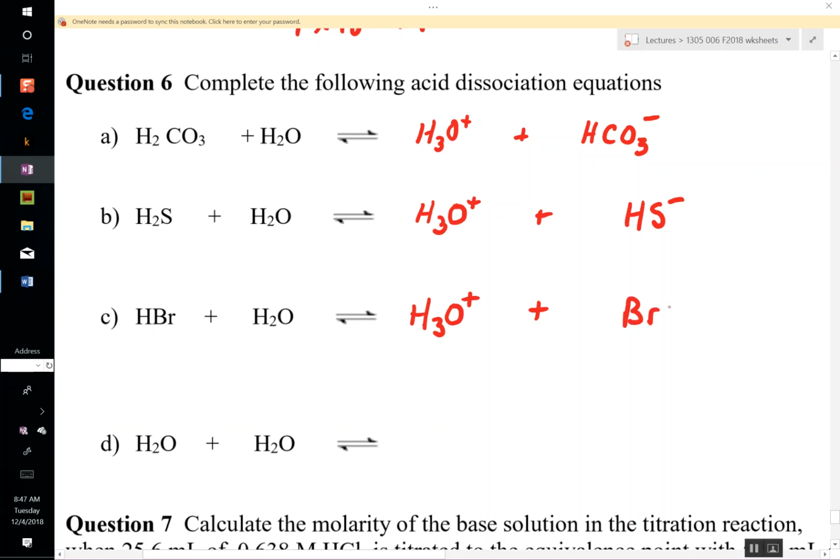And what charge is on that? Negative. So that's the bromide ion floating around in the water. HBr dissociates into an H3O plus and a Br minus.